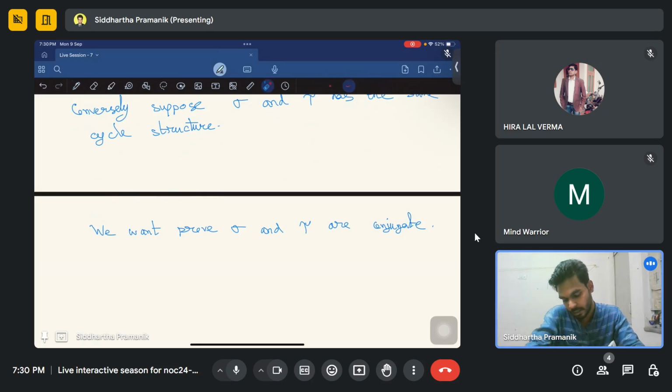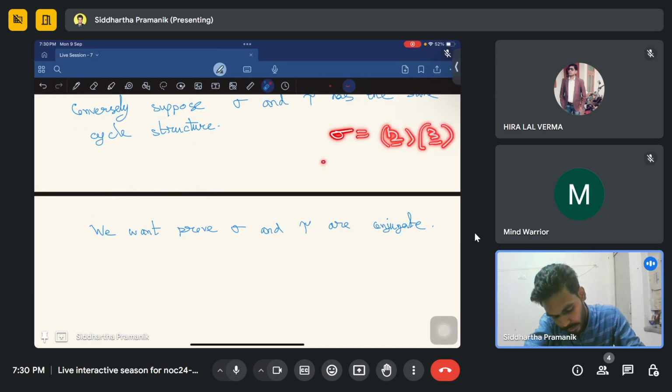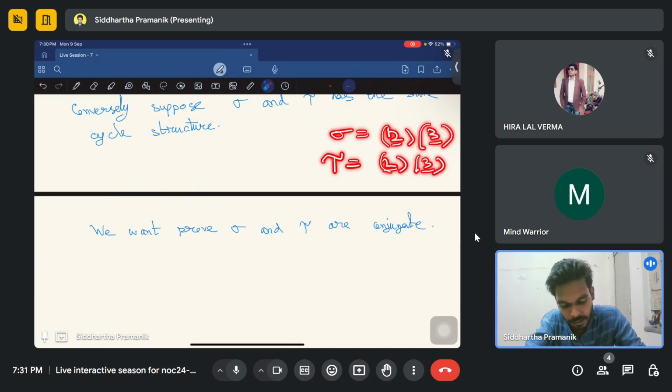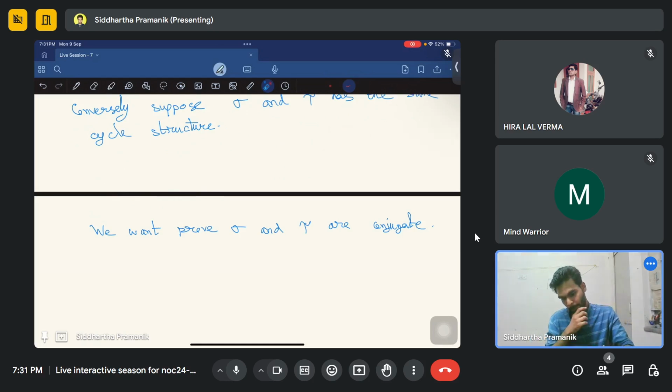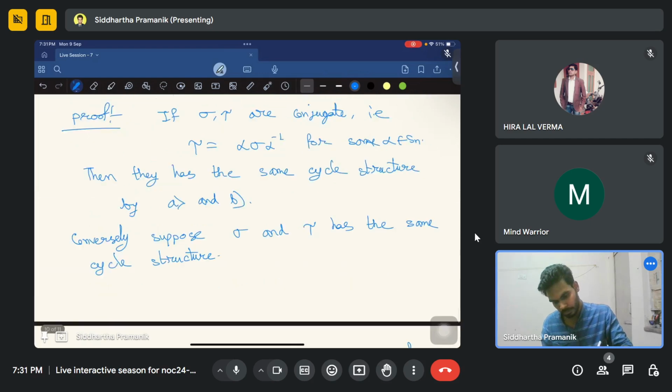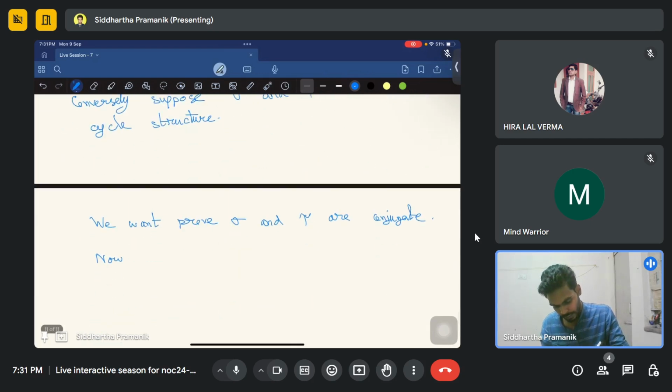Same cycle structure means, suppose sigma is a product of a 2 cycle and a 3 cycle. Then tau is also a product of a 2 cycle and a 3 cycle. They may not be the same cycles, but cycles of the same lengths. So now let's say sigma equals sigma 1 up to sigma k, and tau equals tau 1 up to tau k. These are the disjoint cycle decompositions.